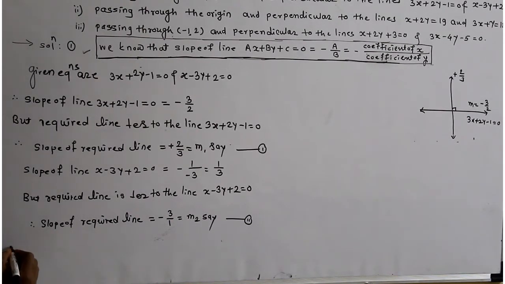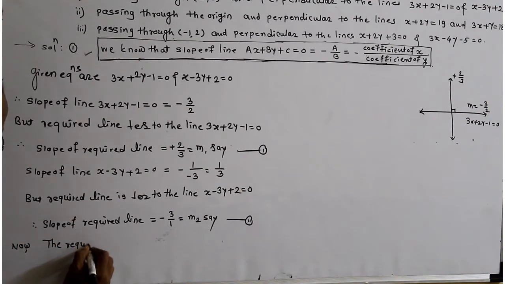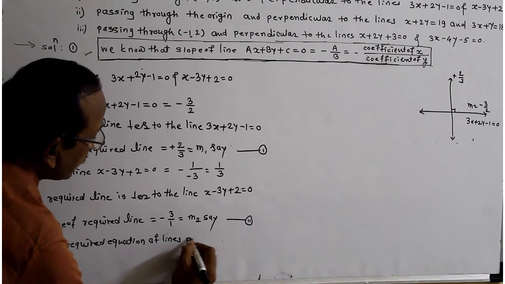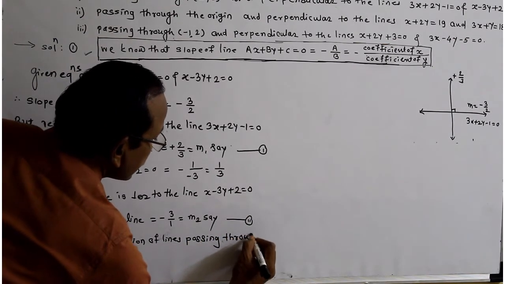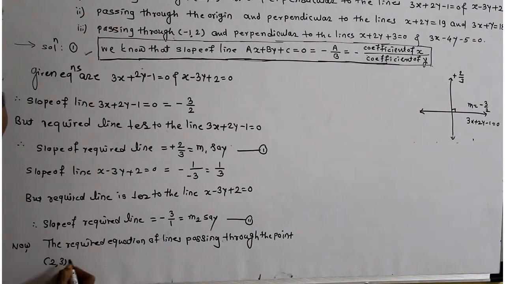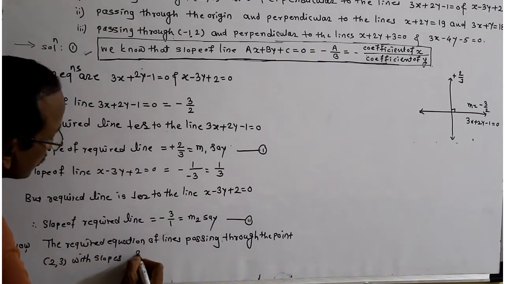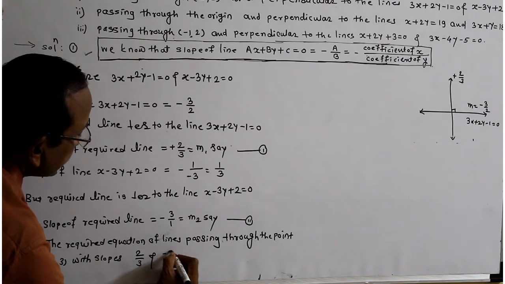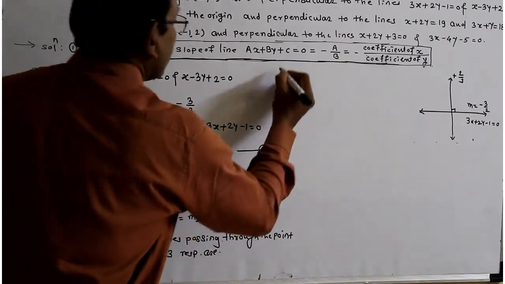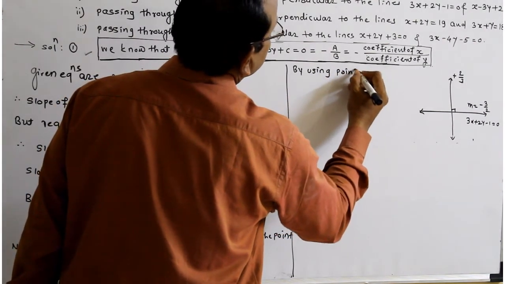Now the required equations of lines passing through the point (2, 3) with slopes 2 by 3 and minus 3 respectively are found using the point slope form.